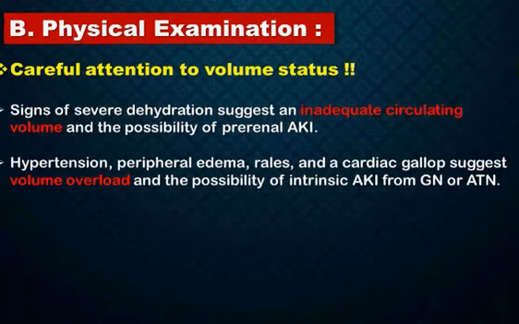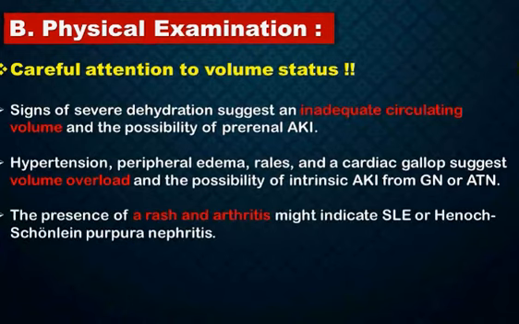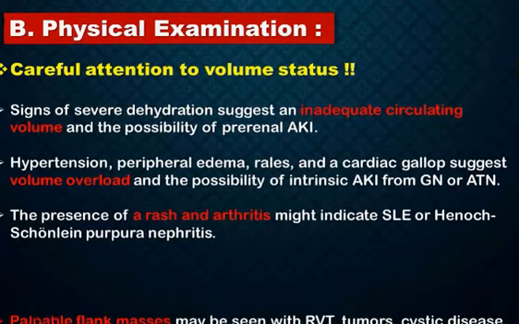Hypertension, peripheral edema, rales or crackles, cardiac gallop, of course, these are signs of volume overload. And there is an increased possibility of intrinsic acute kidney injury, either from glomerulonephritis or acute tubular necrosis. Presence of rash and arthritis also indicates intrinsic disease, like in SLE or Henoch-Schönlein purpura nephritis.